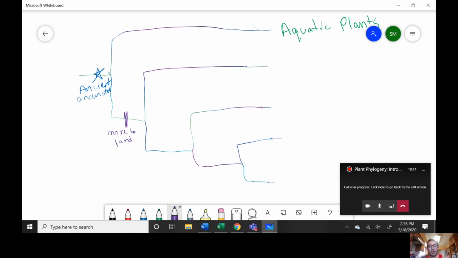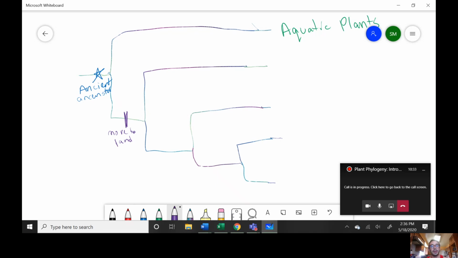So when plants move to land, they were very similar to our aquatic plants. They relied on water to reproduce. They didn't have any structure to really fight gravity.